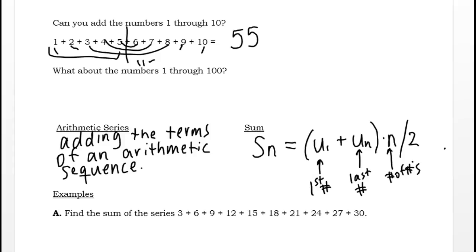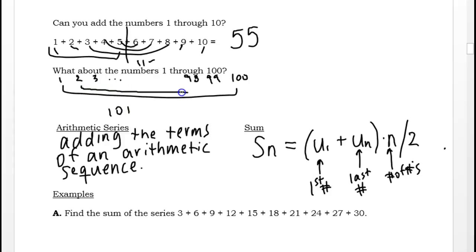And I can do the same thing for my 100 numbers. 1 plus 100 is 101. 2 plus 99 is 101. 3 plus 98 is 101. I'm going to end up having 50 pairs of numbers because if I had 100 numbers and I paired them all up.